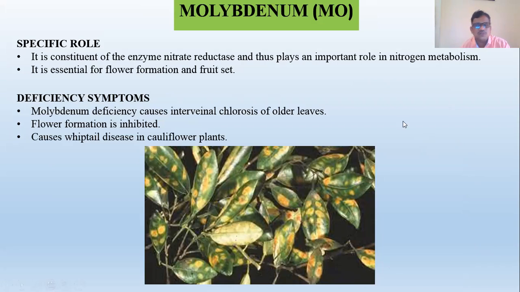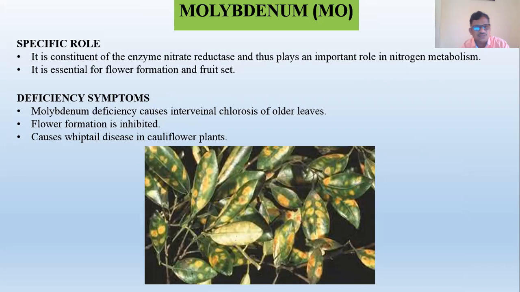Second, it is essential for flower formation and fruit setting. Flower formation and fruit setting are directly proportional to the yield we get. If there is no flower formation and fruit setting, then from where will we get the proper yield? That's why molybdenum plays an important role.